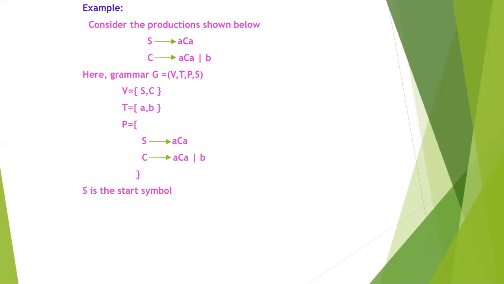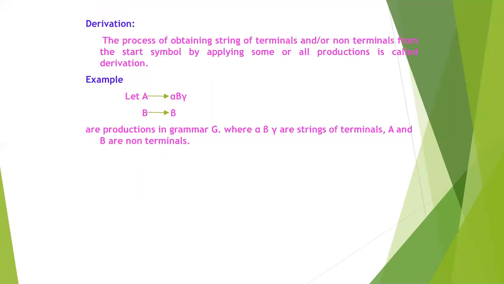T equals a, b. It means all lowercase letters, special characters, etc. Further, it is not going to derive anything, so it is a terminal symbol. P equals S produces ACA, C produces ACA or B. S is the start symbol.